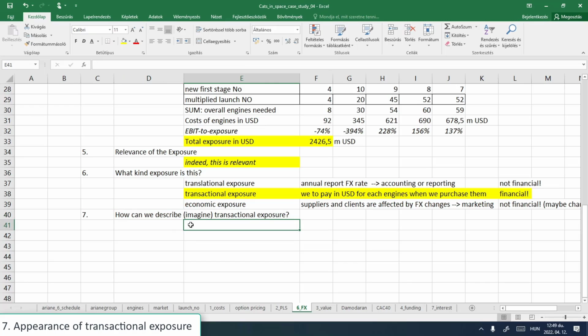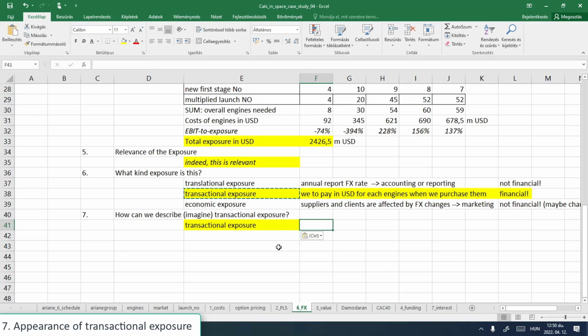This is necessary because we have to determine, if we do the hedging, when we should purchase the option, when we should pay the fees, and when it will expire. That's why we have to decide how this transactional exposure happens.